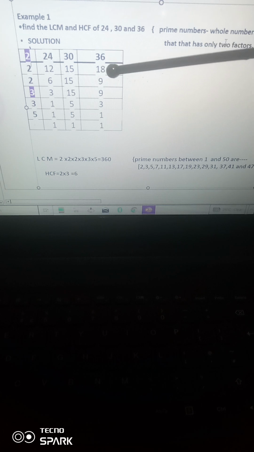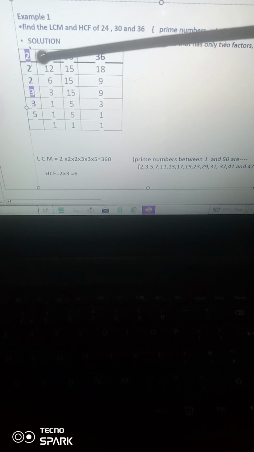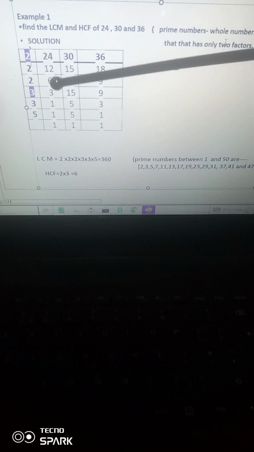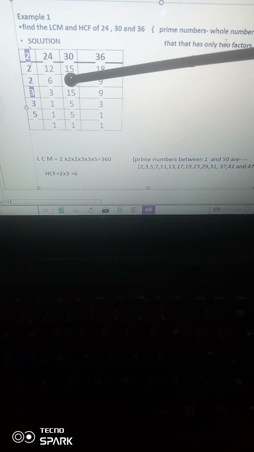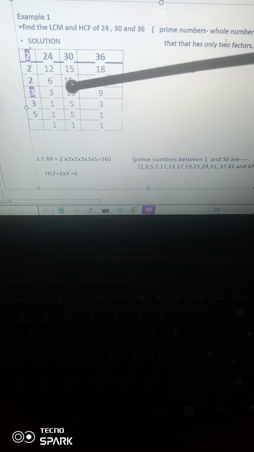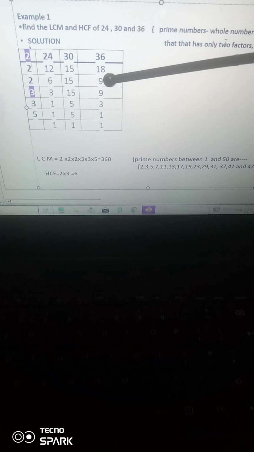Then we continue with the division by 2. 12 divided by 2 is 6. 15 divided by 2 cannot because there must be a remainder. So we bring down 15. 18 divided by 2 is 9.